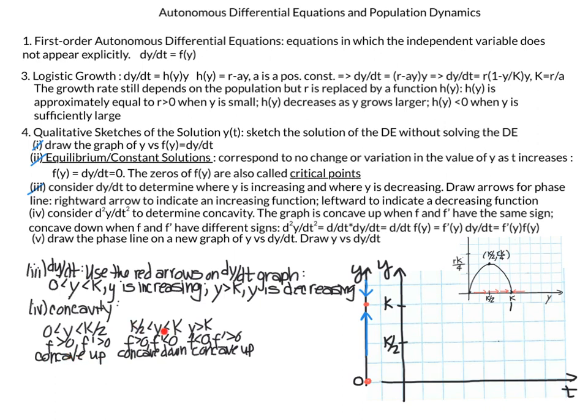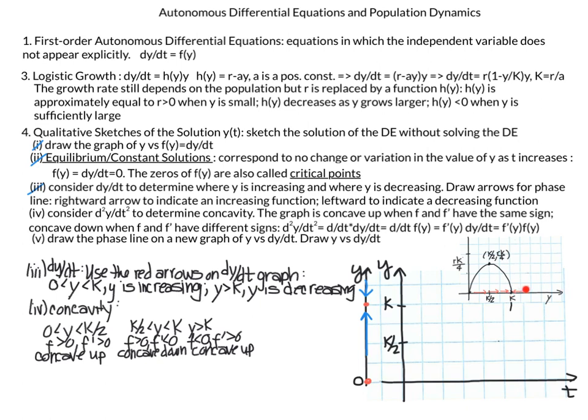Between k/2 and k, that's this interval here. Again, f is still positive, right? It hasn't gone down to the negative, but you can see that the derivative is negative. If you draw a tangent line, it would be negative. So in this case, they have different signs. So in this portion of the graph of y versus t, we're going to have a curve that's concave down.